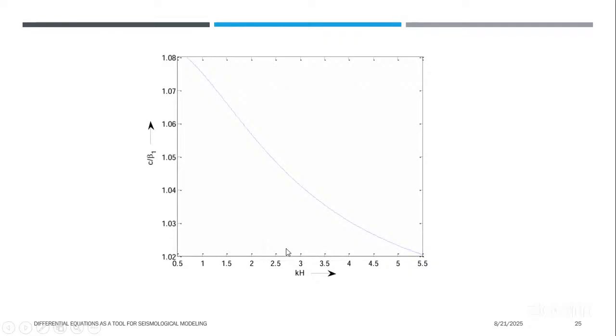Beta 1 is fixed, and h you can think of as fixed. So for different frequencies, you are going to have different wave velocities, and that is what is told by that relation. So this dispersion relation is a very important tool for seismologists.